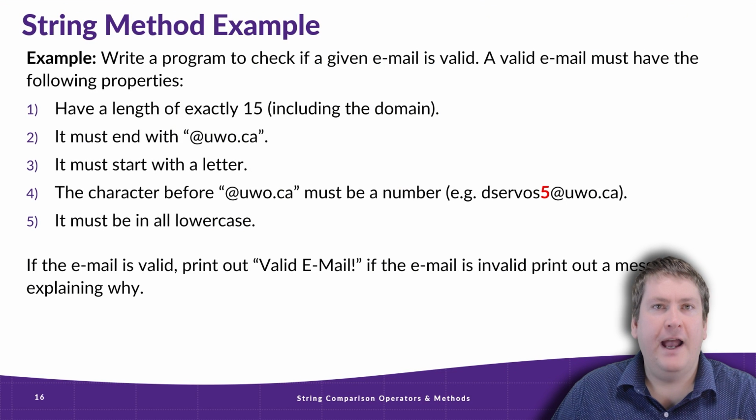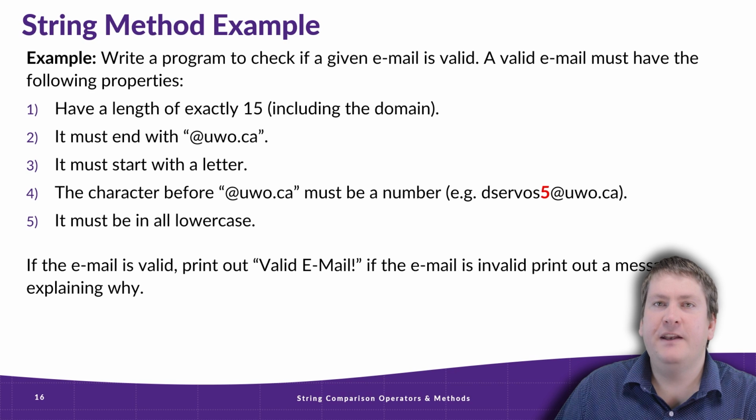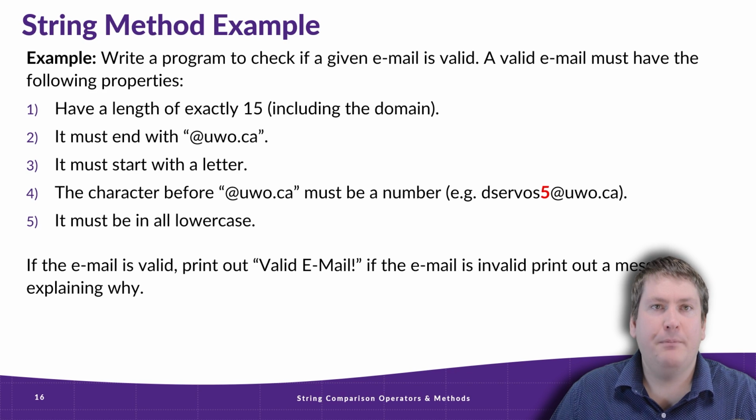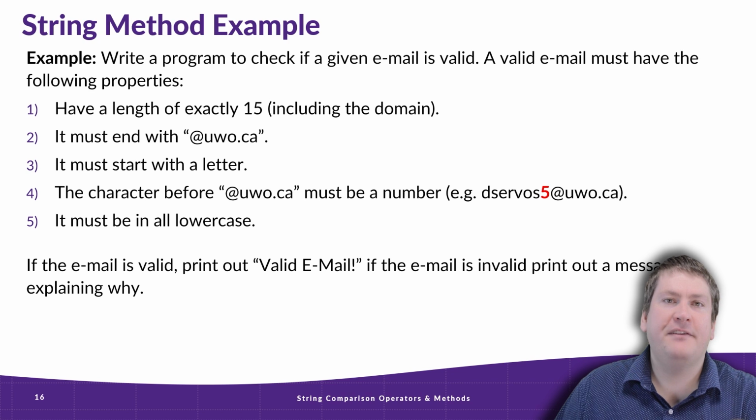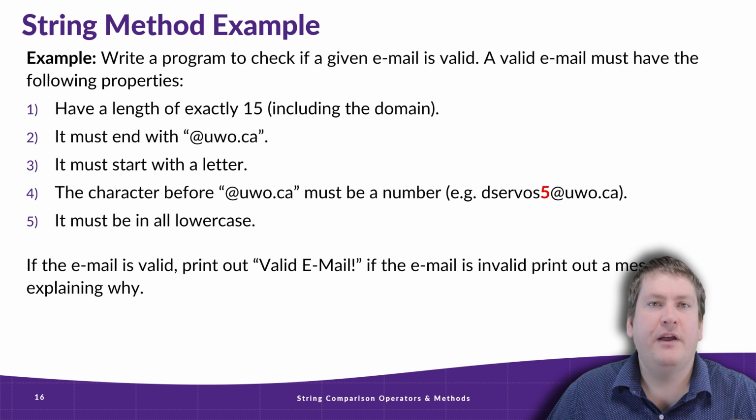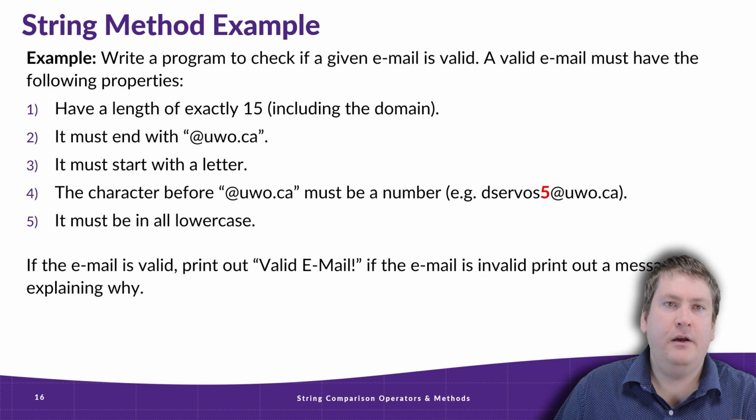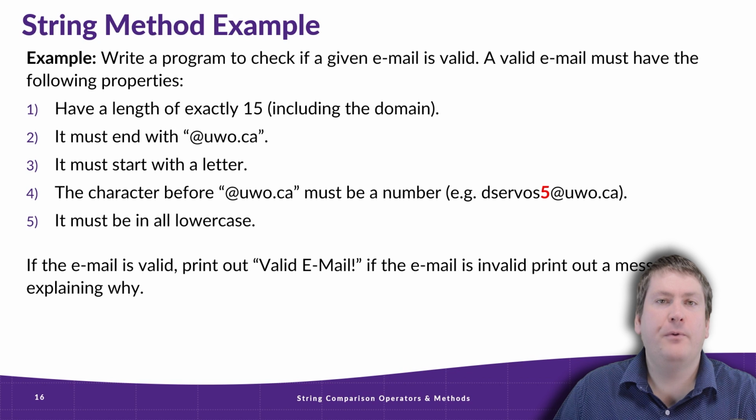Okay, let's take a look at an example. Here we want to write a program to check if a given email is valid. A valid email must have the following properties. 1, it has to have a length of exactly 15, including the domain. 2, it must end with @uwo.ca. 3, it must start with a letter. 4, the character before @uwo must be a number.